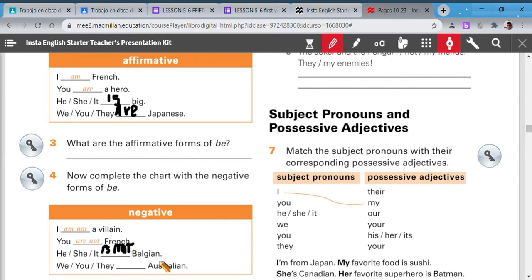She is not Belgian. And it is not Belgian. What about we, you, and they? Are. Only are? No. Are not. You don't believe me?